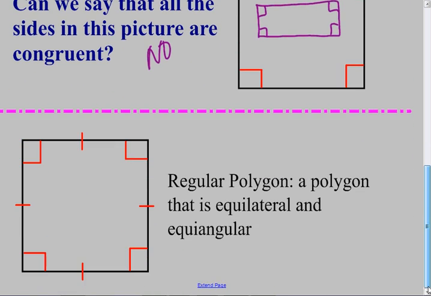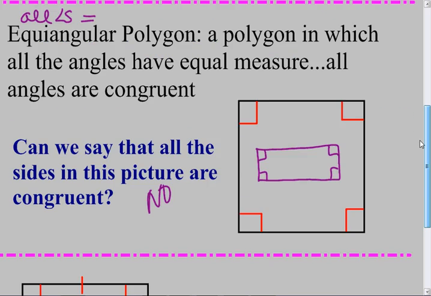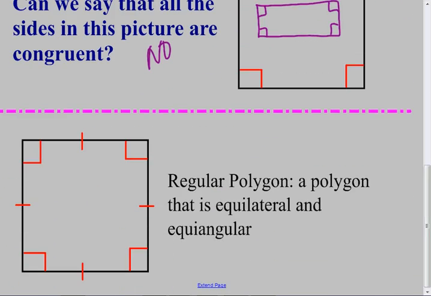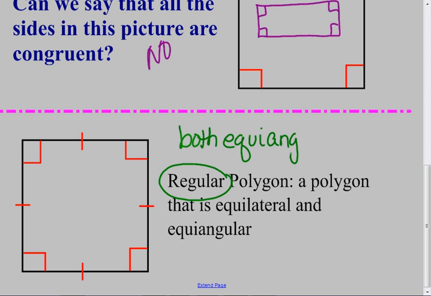There it is. I missed it on that slide. Can we go back to that one? Sorry, I didn't go down far enough. Because you have to know regular. And regular polygons are both equiangular and equilateral. I knew I missed something.